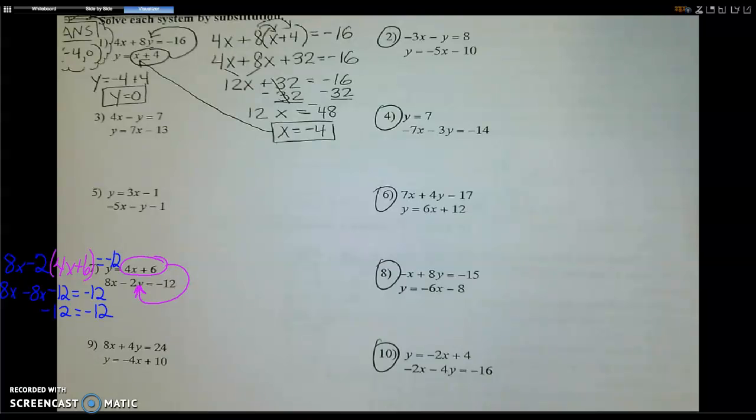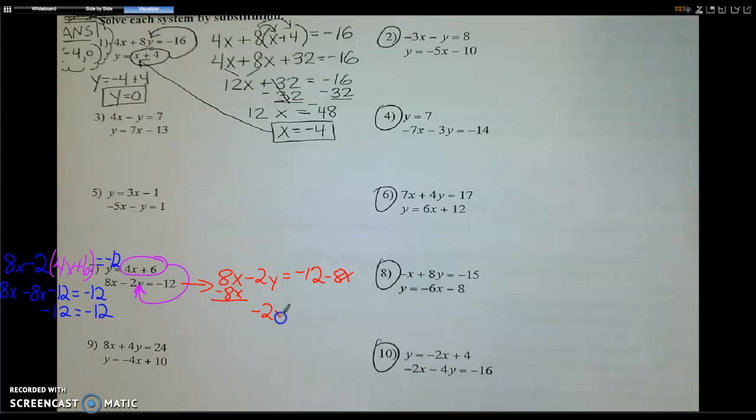So another way that we can look at it is if we look at this equation and we change it into slope-intercept form, because the first equation already is. Let's double check what this would look like. 8x minus 2y equals negative 12. Okay, minus 8x, minus 8x.